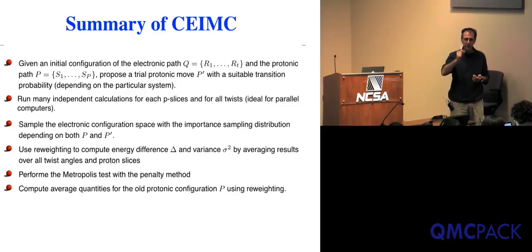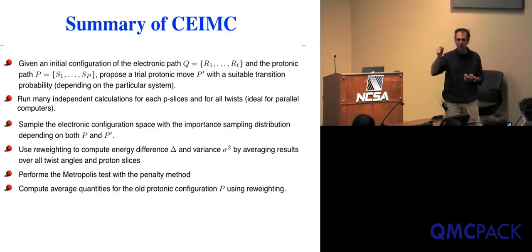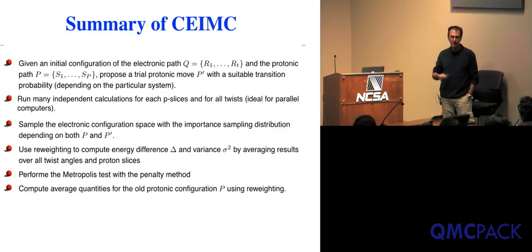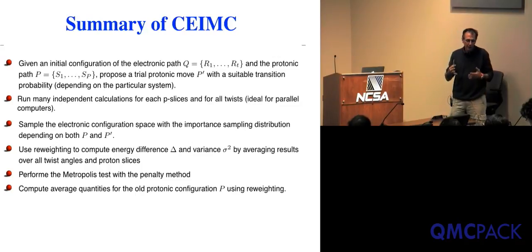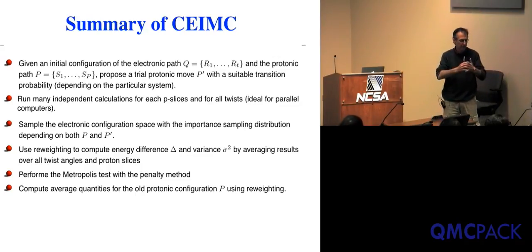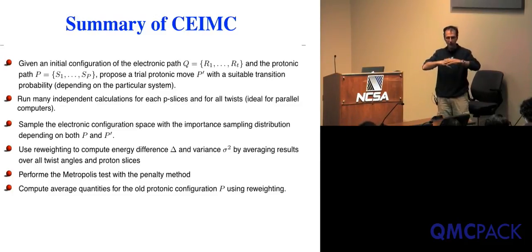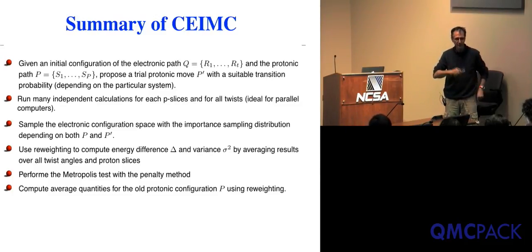And the more accurate your wave function is, the smaller the variance, the smaller the noise. So you gain in working on the wave function. The best wave function will improve your method, improve your nuclear sampling. So you want to do this. So what we do at the moment, we move all protons simultaneously, all time slices simultaneously, all electrons simultaneously. So it is a global move of everything.